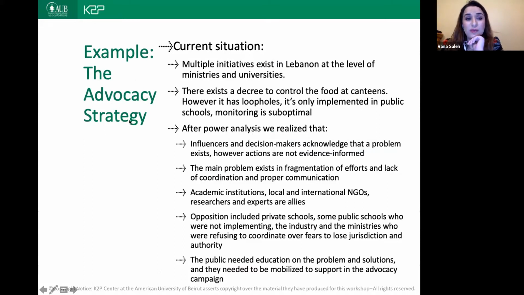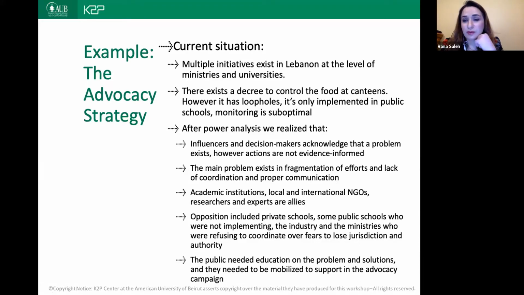And as such, from the proper understanding of the context of this case in Lebanon, we've identified that there are multiple initiatives existing at the level of schools, but they are fragmented. And there is a decree, which is a type of law, but at a ministerial level.